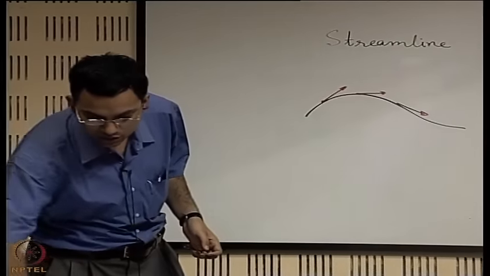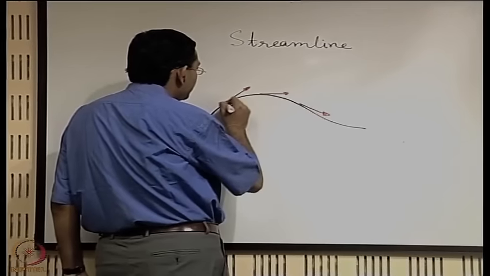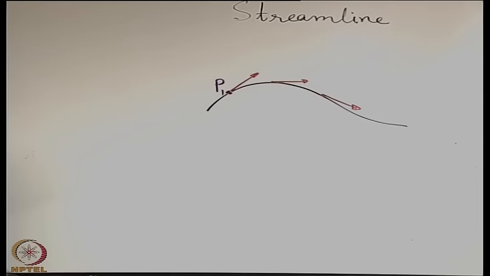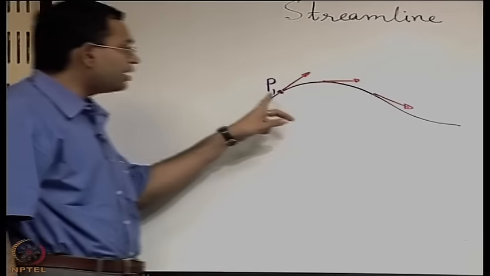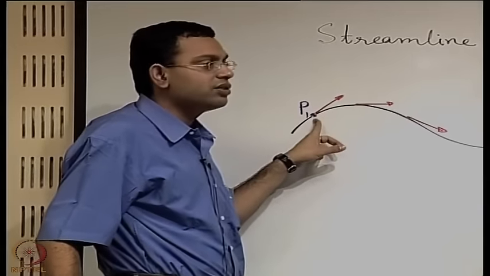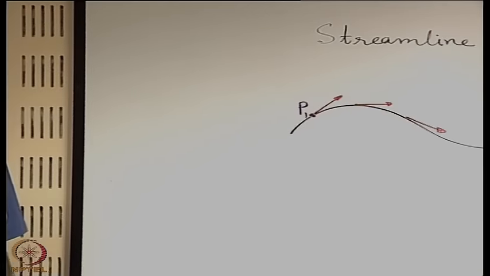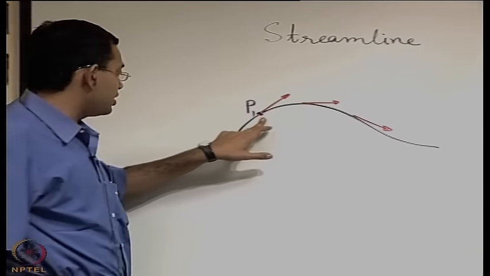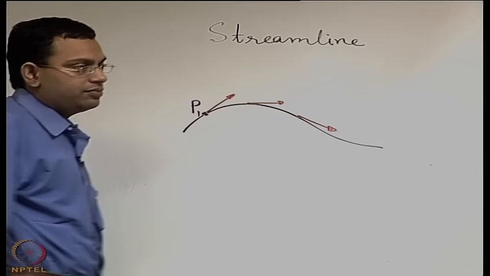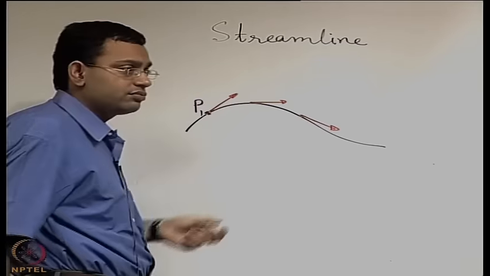Towards that we will first recognize that, let us say there is a point P or P1 located on the streamline, the fluid particle at a particular time is located here, it is coincident with this point. When the fluid particle is coincident with this point, then after some time the fluid particle has come to a different point and so on.